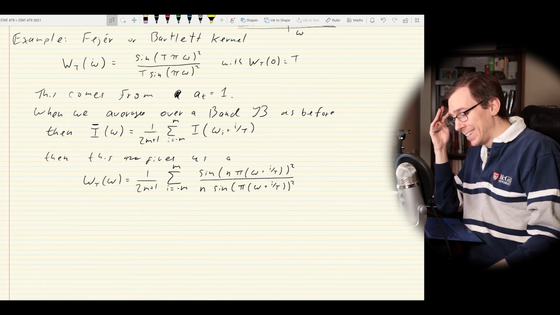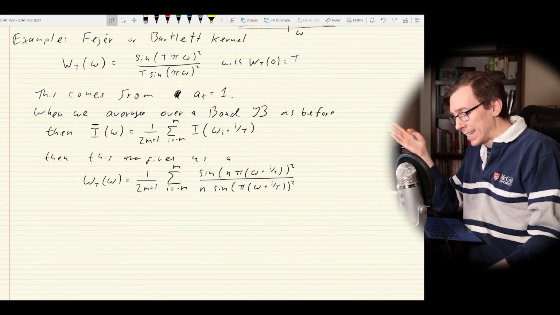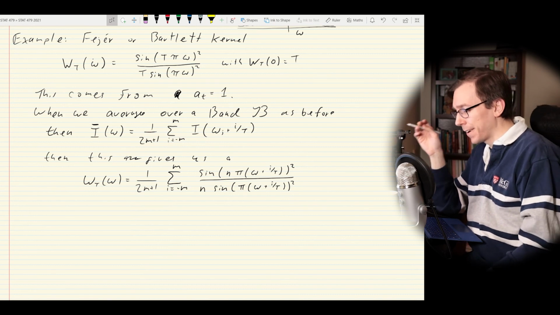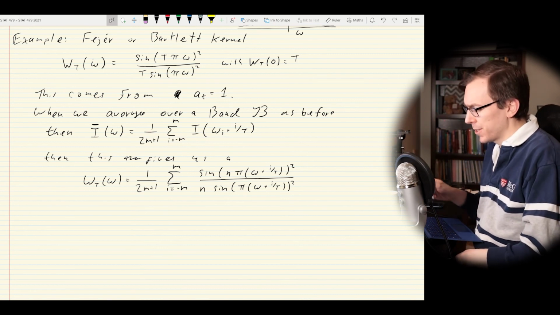So again, not the nicest looking thing, but it's nice to see how these things all connect together. And I'll draw some more pictures.